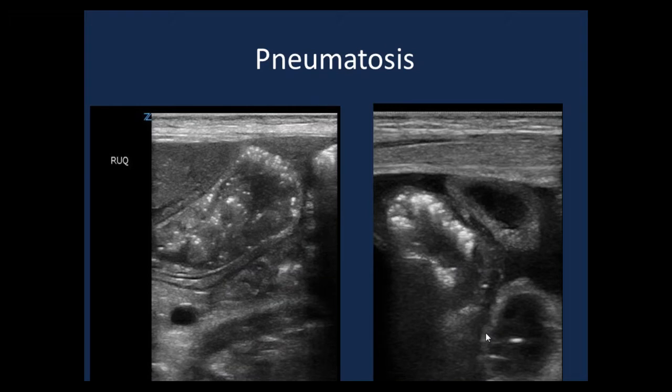In this slide we can see 2 different types of pneumatosis. In this image only part of the colonic wall is affected by pneumatosis, and pneumatosis in ultrasound appears like echogenic dots or foci inside the wall.